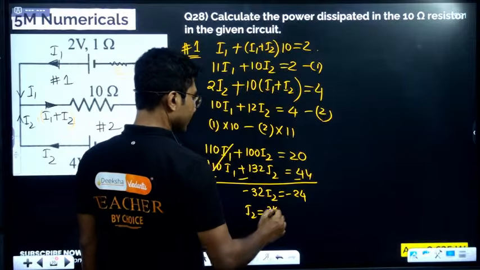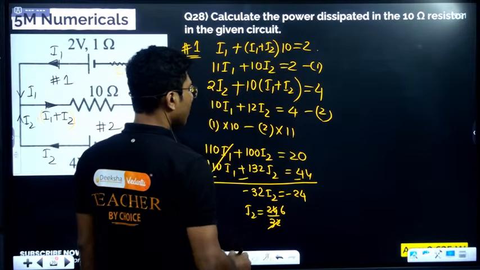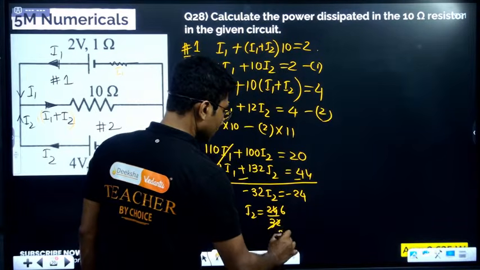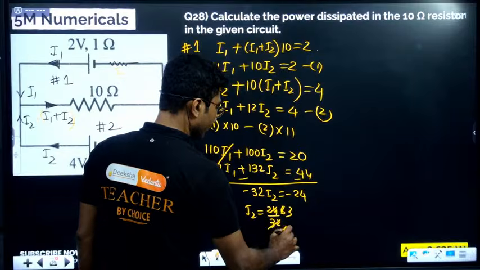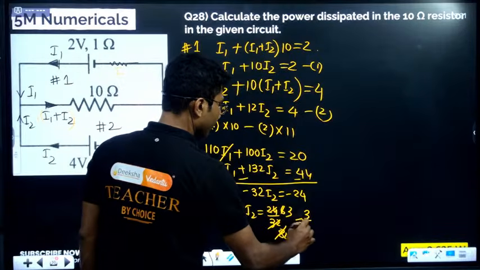So 24 over 32 simplifies, it will be 3 by 4. So I2 equals 3 by 4.